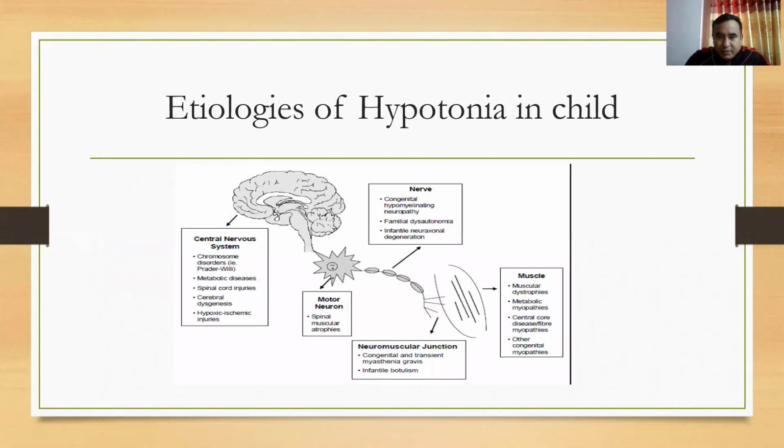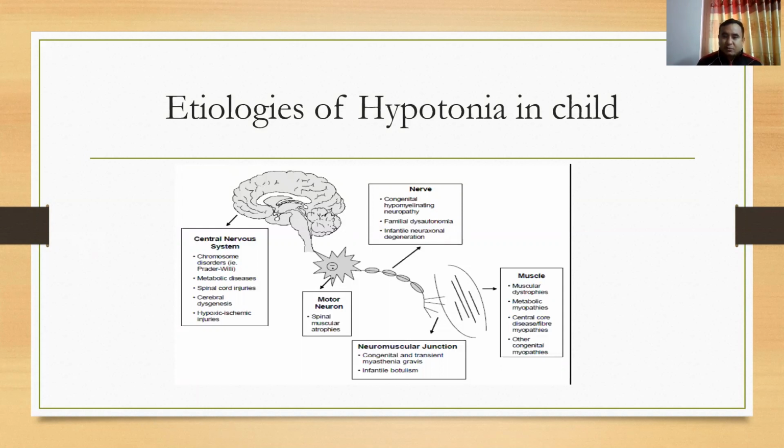So before going to the topic proper, that is approaching the hypotonic child, we should keep in mind the common etiology of hypotonia in the child. The common etiology starts from the central nervous system. The common etiologies that cause hypotonia in the child are chromosomal disorders like Prader-Willi syndrome.